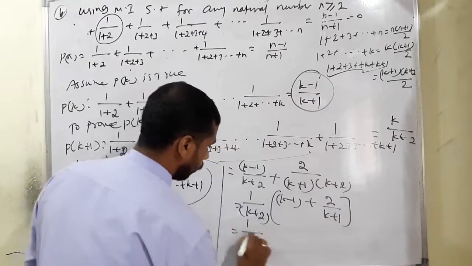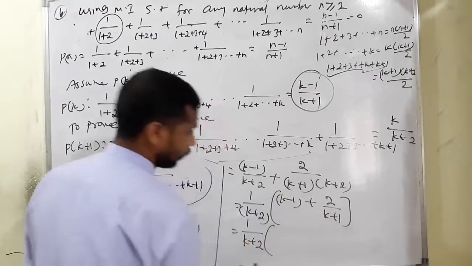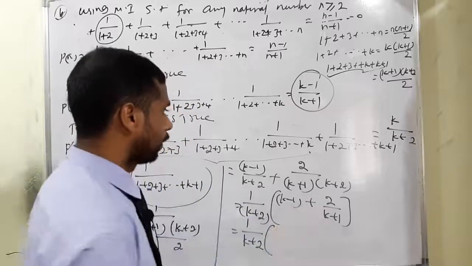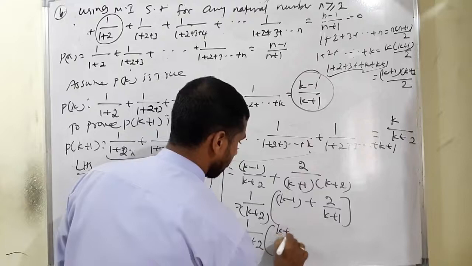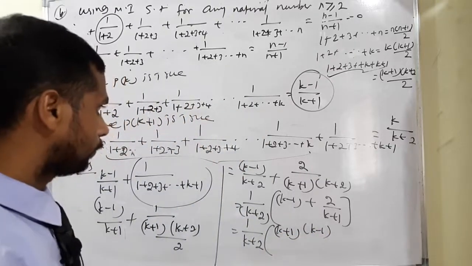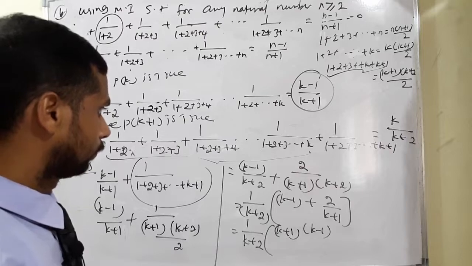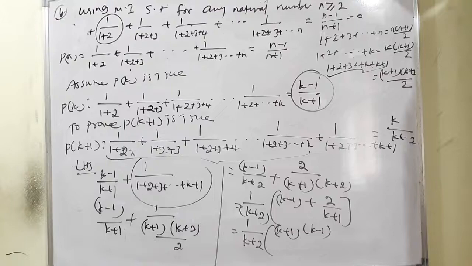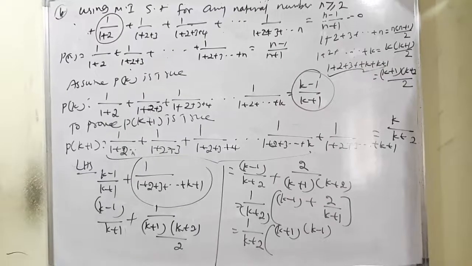Therefore 1 by k plus 2. So simplify: k plus 1 into k minus 1. Sorry my dear, my mistake.